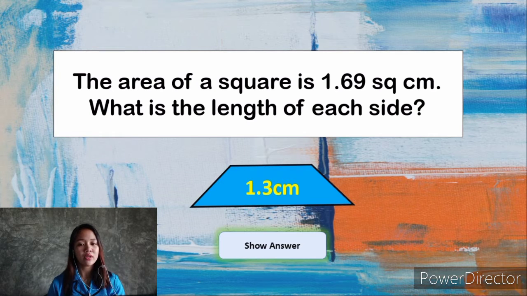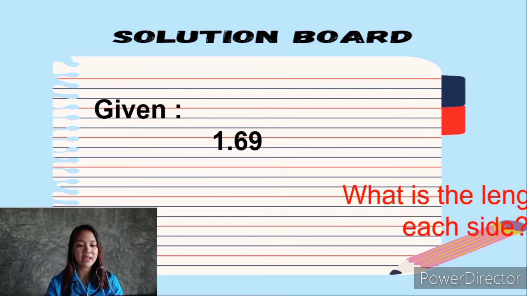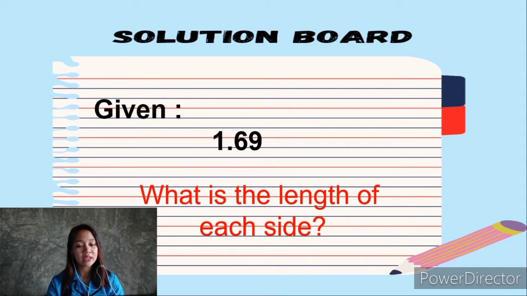Next question. The area of a square is 1.69 square centimeters. What is the length of each side? So, the answer is 1.3 centimeters. So, paano nakuha yung 1.3 centimeters? The given are 1.69. So, the question is, what is the length of each side?